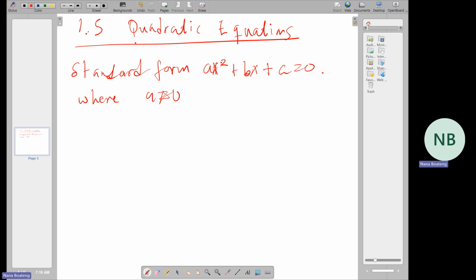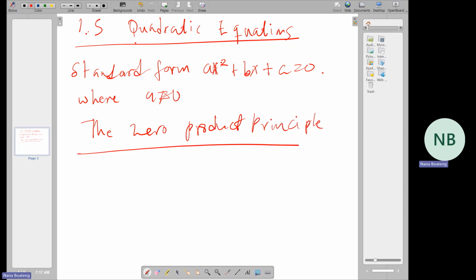All right, so let's move on to something that we call the zero product principle. And what the zero product principle states is that if the product of two algebraic expressions is 0, let me write it down.